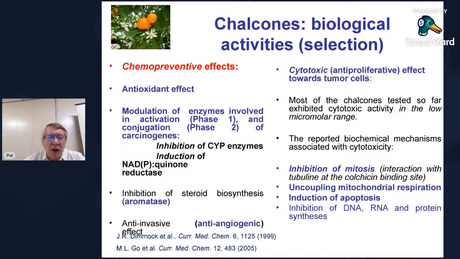Another important path of chemopreventive effects is inhibition of the steroid synthesis, resulting in aromatase inhibitors, and the anti-invasive effects of the compounds, which we call scientifically the anti-angiogenic effects of them.